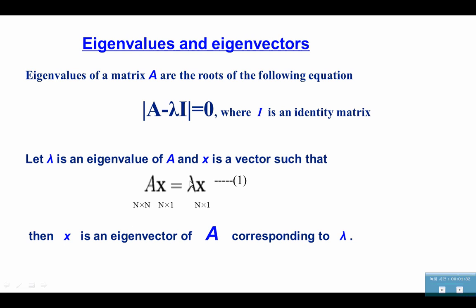We can find the eigenvalues of this matrix by using the characteristic polynomial, and we can find the corresponding eigenvector by solving the linear system of equations like this. We can do it by hand, but we can also use many available tools to compute this.